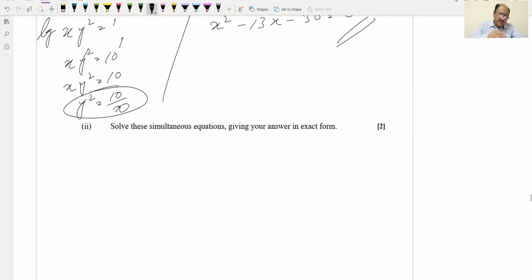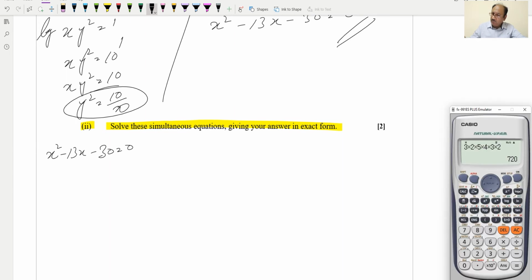Now the second part says solve these simultaneous equations giving your answer in exact form. So we need to solve this equation. The equation is x square minus 13x minus 30 is equal to 0. We'll form the pair, so coefficient of x square is 1, coefficient of x is minus 13, and the constant is 30.